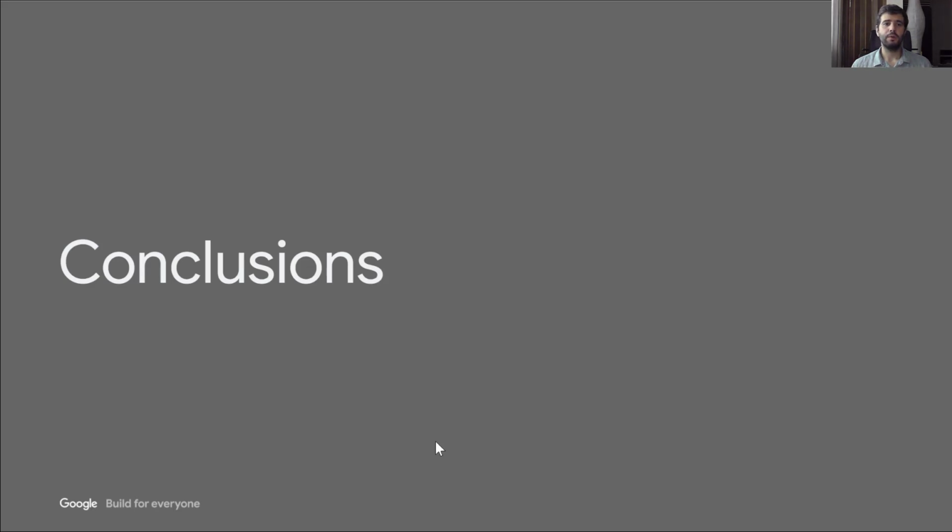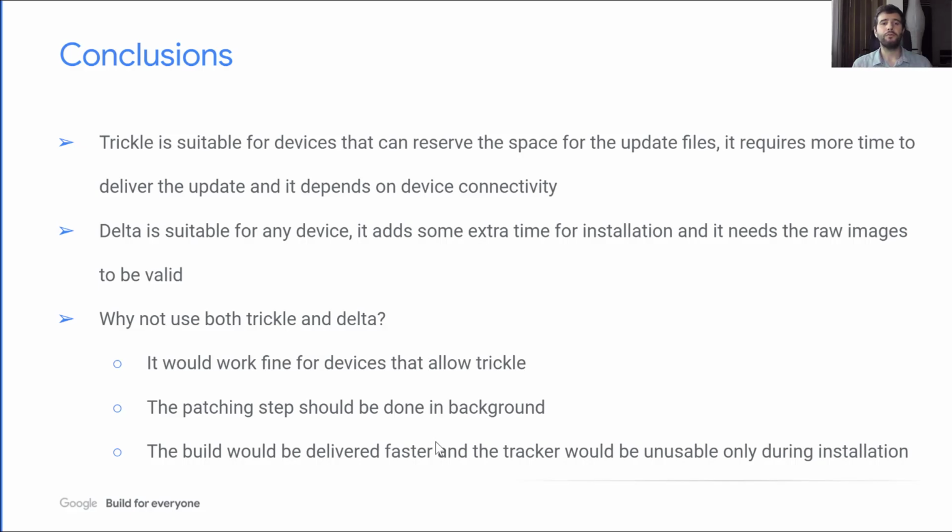Okay, so we will now draw the conclusions. Foreground firmware update works well, but Trickle and Delta improve the user experience. Trickle is suitable for devices that have the space to store the update files at any time.